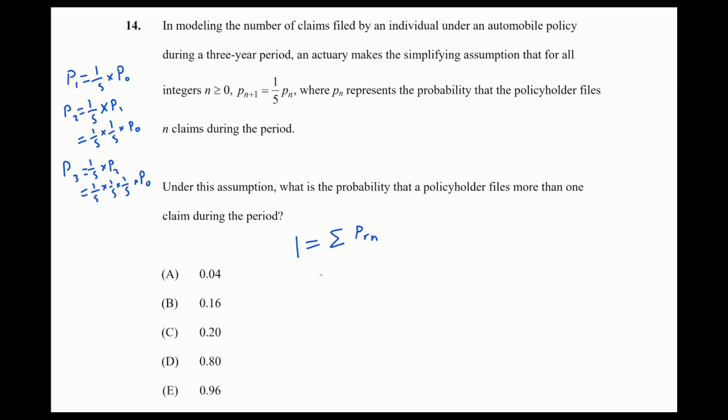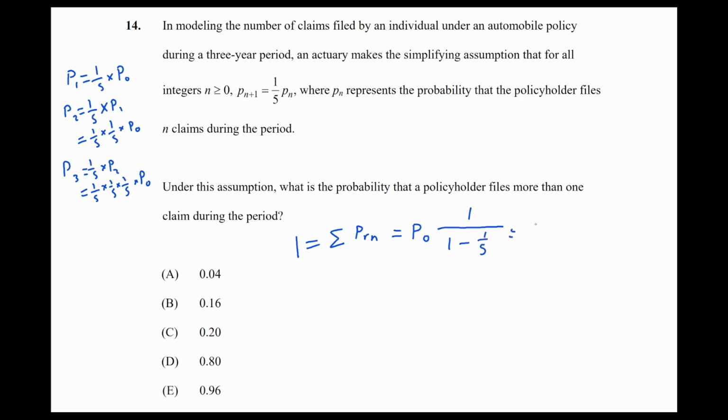But we don't have time to actually calculate infinity, so we're just going to use the formula for geometric sequences, which is going to be, we have the constant, probability of 0, multiplied by 1 divided by 1 minus the rate, which is 1 over 5.